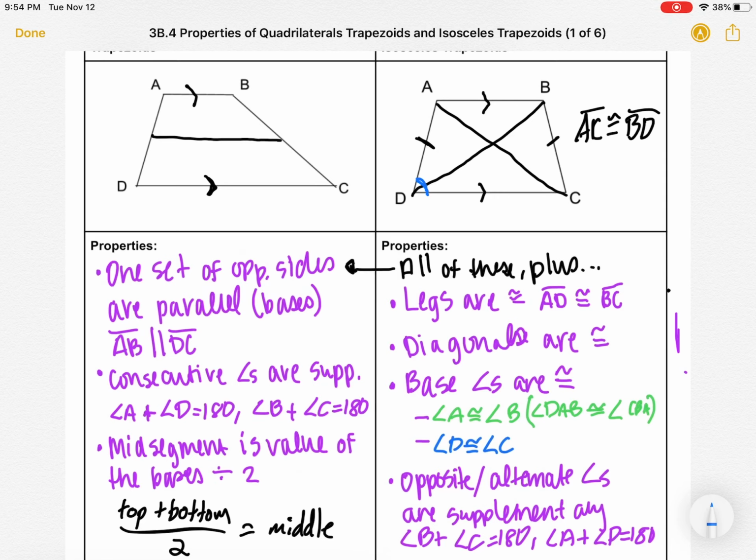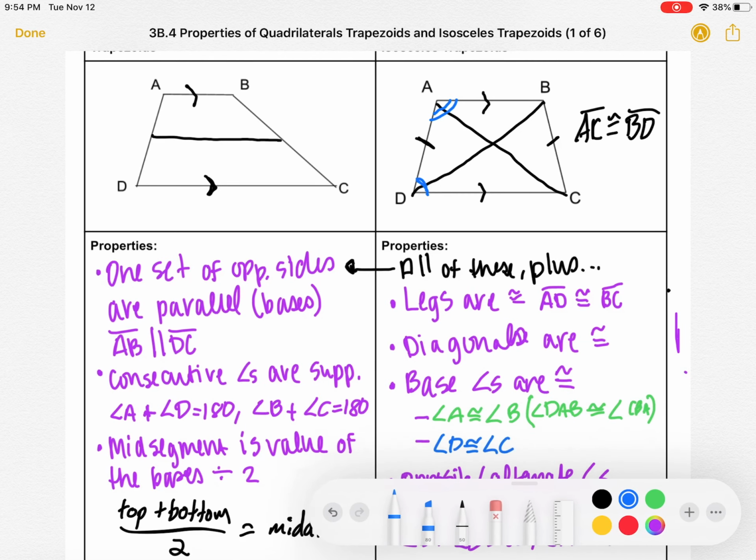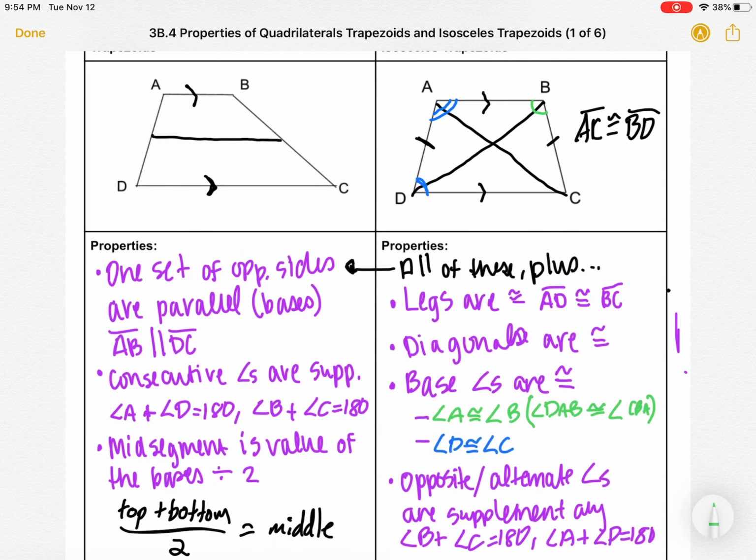So D and A are supplementary, and then B and C are supplementary. Also in this case, like it says here, A is the same as B, D is the same as C. So if you find one, you find the other.